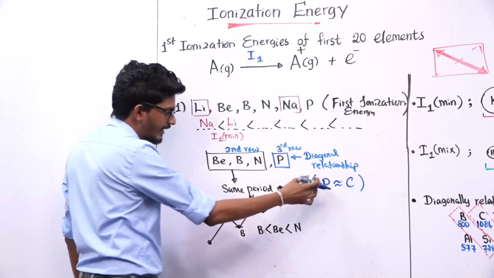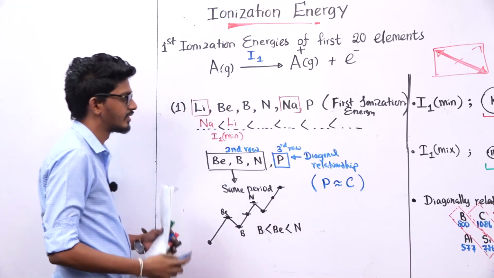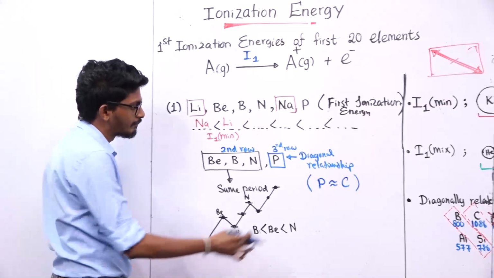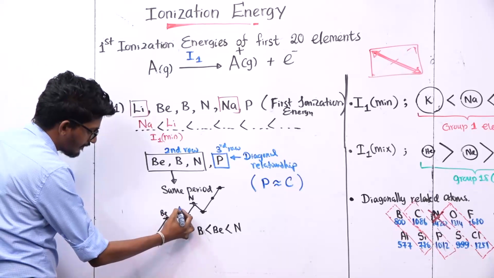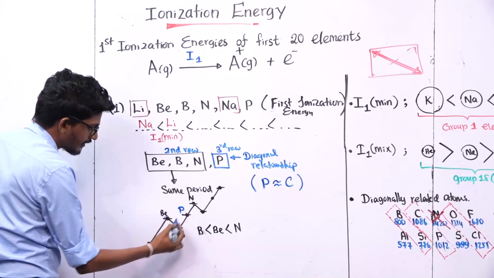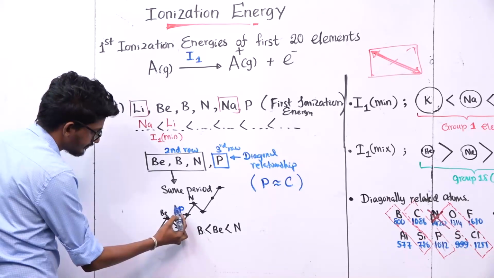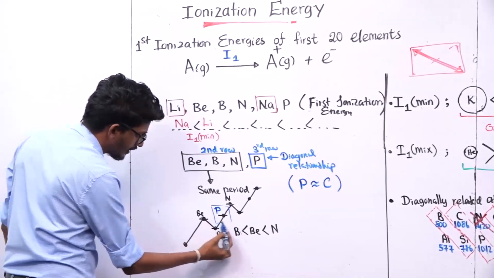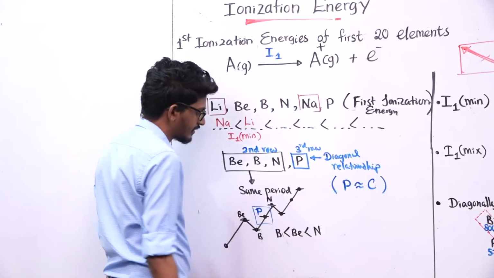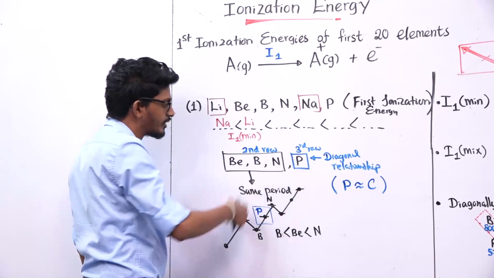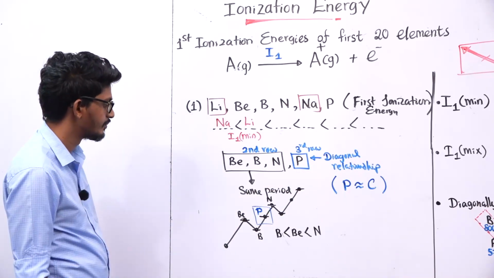It is a bit smaller than carbon's, anyway it is closer to carbon's. So we can locate phosphorus in the position of carbon. This is how we bring phosphorus to the second row using the diagonal relationship.